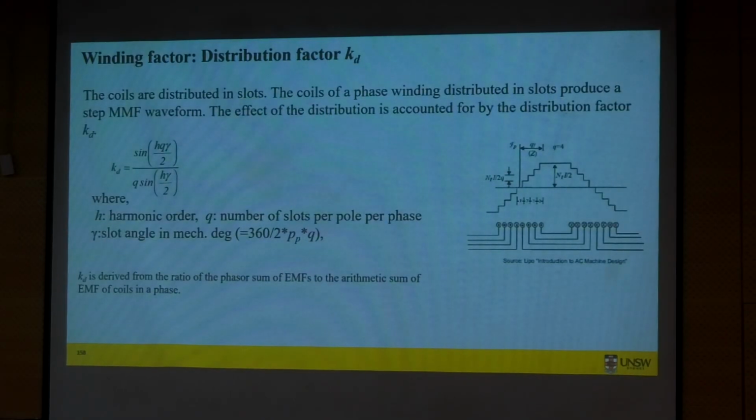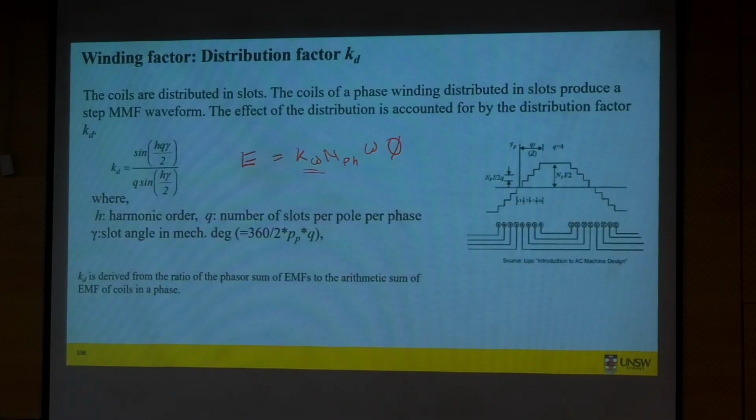You want to get it as high as possible because your EMF is being reduced by this factor, Kw, times omega phi. If it is equal to 1, you get the best from your magnets. But it's never 1, because your windings are in the slots. So Kw is less than 1, but you want to have it as high as possible.